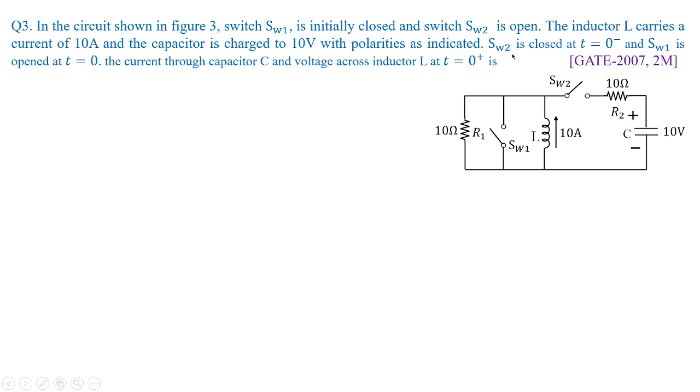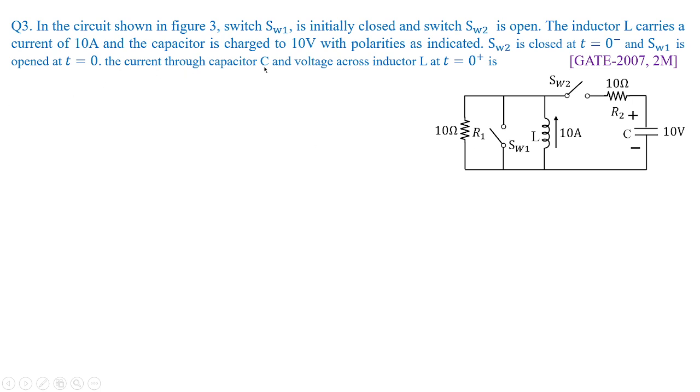Now SW2, that is switch 2, is closed at t equal to 0 minus, and switch SW1 is open at t equal to 0. Means what? After the initial conditions, this switch was closed and this switch was open. So SW2 is closed first, SW1 is open next.